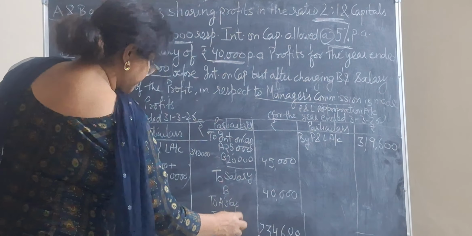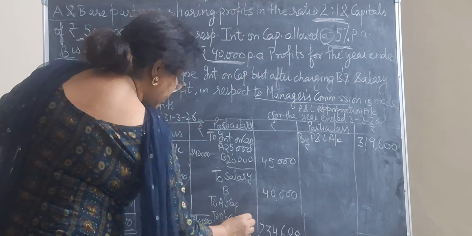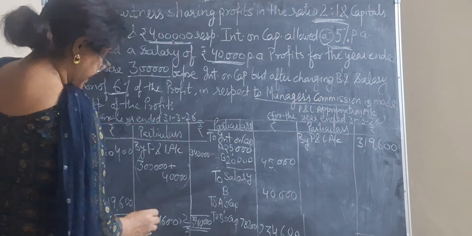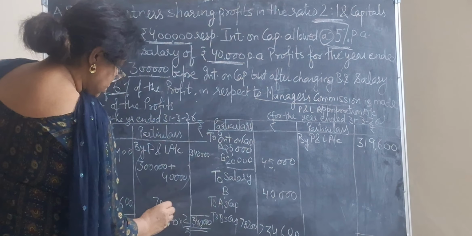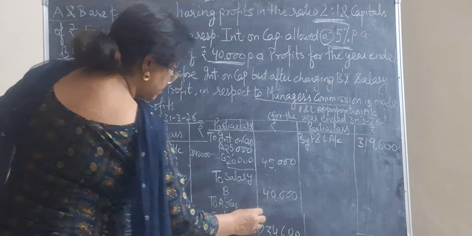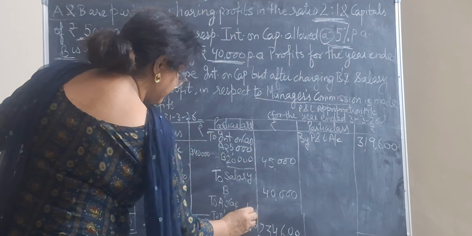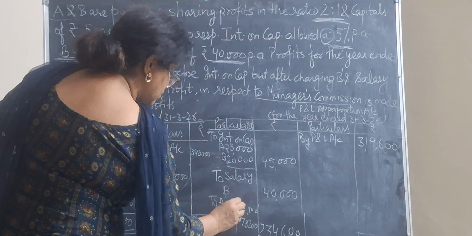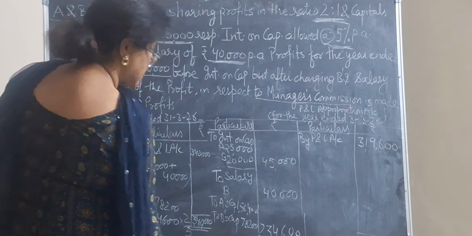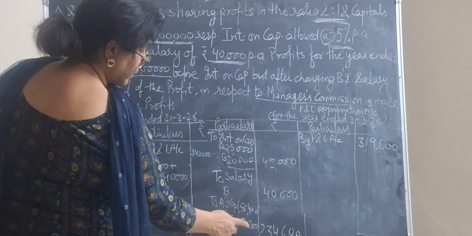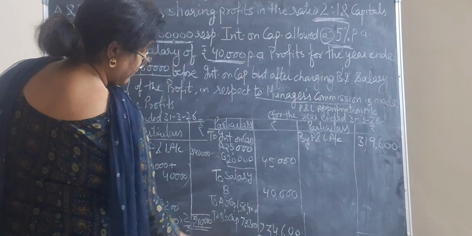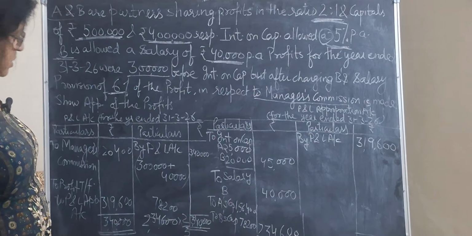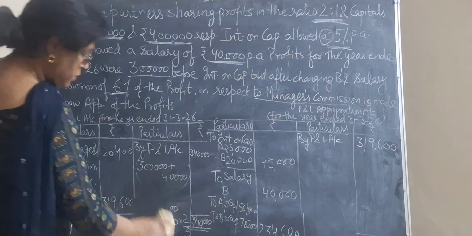B's share will be 78,200 and A's share will be 78,200 multiplied by 2, which comes out to be 1,56,400. The total of both will be 2,34,600. I hope things are clear to you, students.